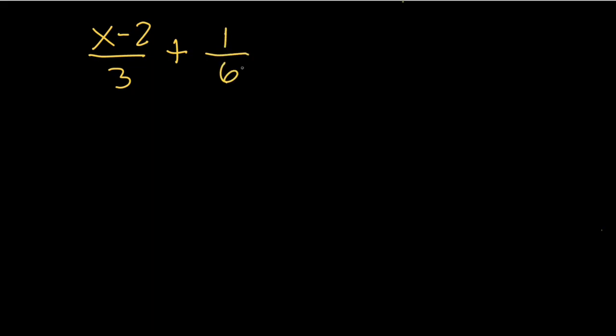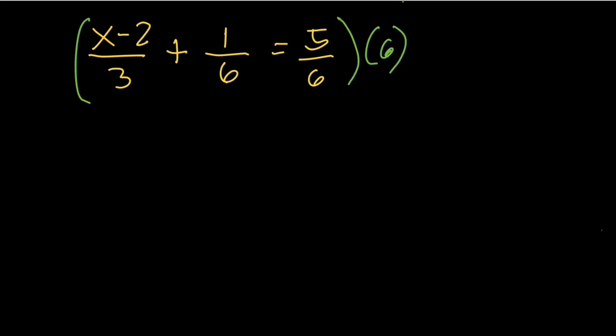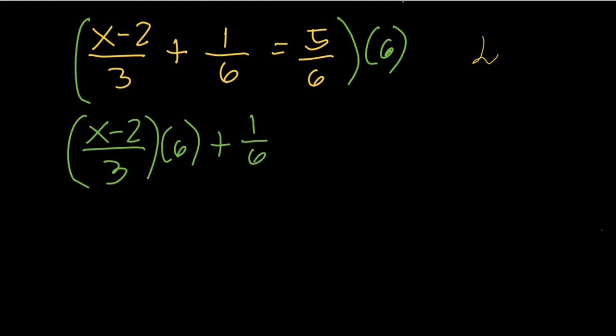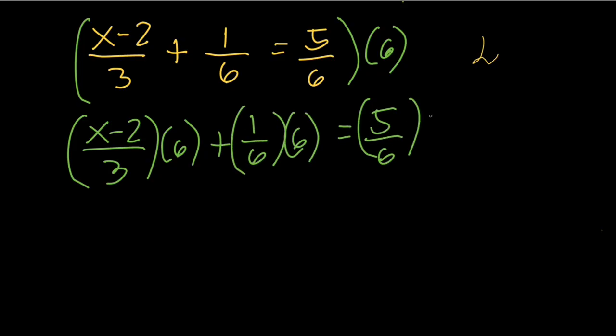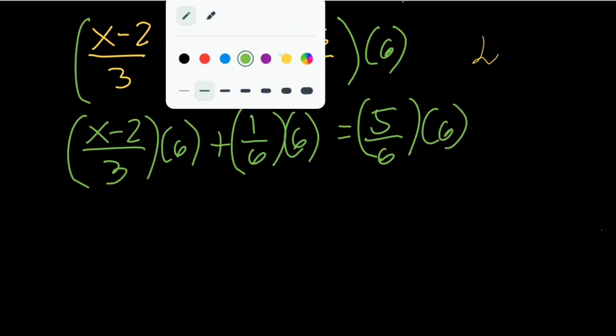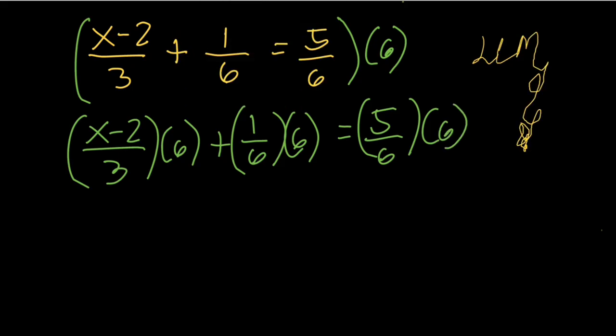Okay, plus 1 over 6 equals 5 over 6. Okay, we can multiply both sides by 3. No, by 6. So this would become x minus 2 over 3 times 6 plus 1 over 6 times 6 equals 5 over 6 times 6. Yeah, it's 6.